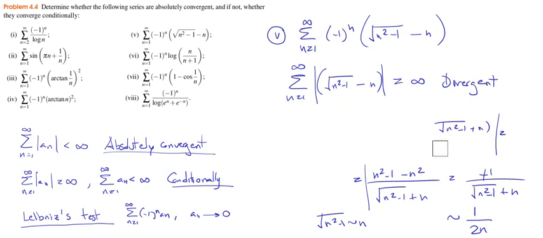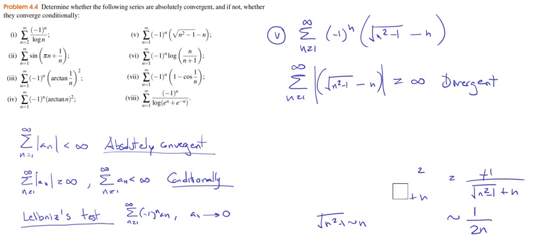Well, we have seen that we can write this as the sum from n equals 1 to infinity of (-1)^n times minus 1 over the square root of n squared minus 1 plus n.